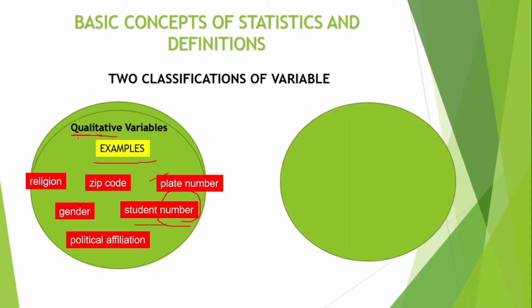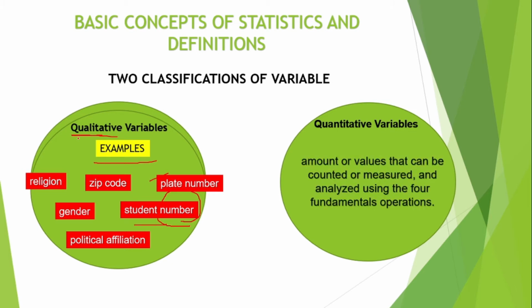And the other variable is the quantitative variable. When we say quantitative variable, it is the amount or values that can be counted or measured and analyzed using the four fundamental operations. So since this is quantitative, it uses the four fundamental operations.